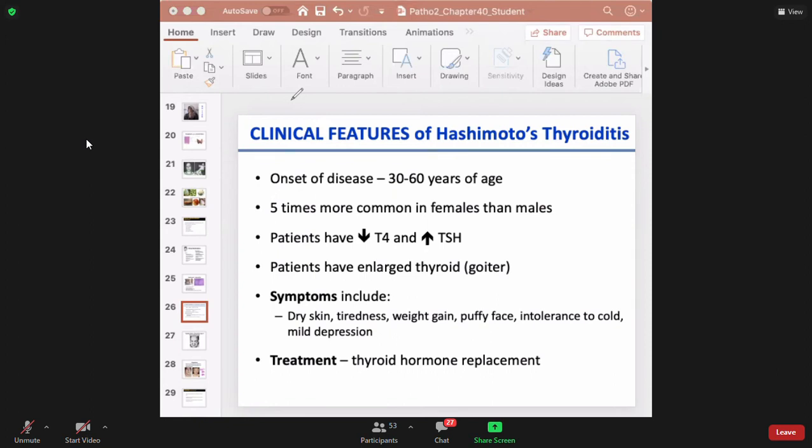Anything from just genetic correlations to fluctuations in the hormones, and then to viruses that may cause triggers of the immune system to go crazy. So autoimmune diseases in general are just common. And that's pretty much the reason why.